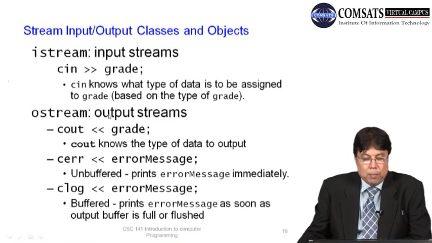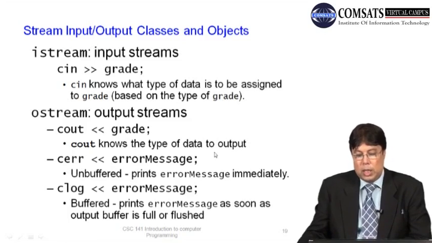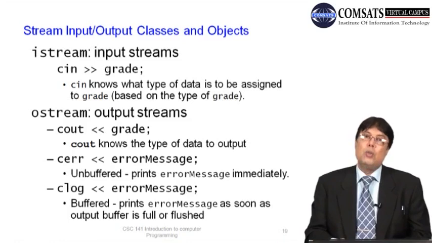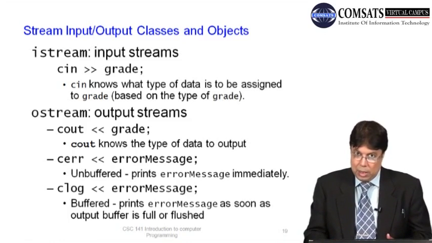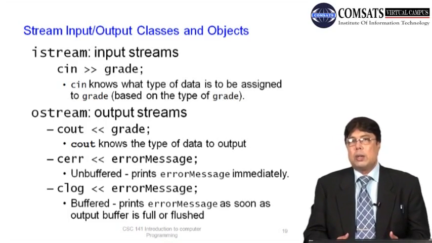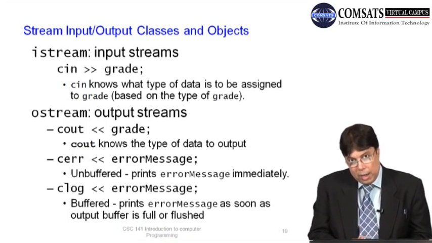Similarly, for the output stream, we can insert the data grade into the output stream. So cout knows the type of the data to output. How does cout know that? Because you must have defined the data type of grade in your program. It could be a character, an integer, a float, or a double.